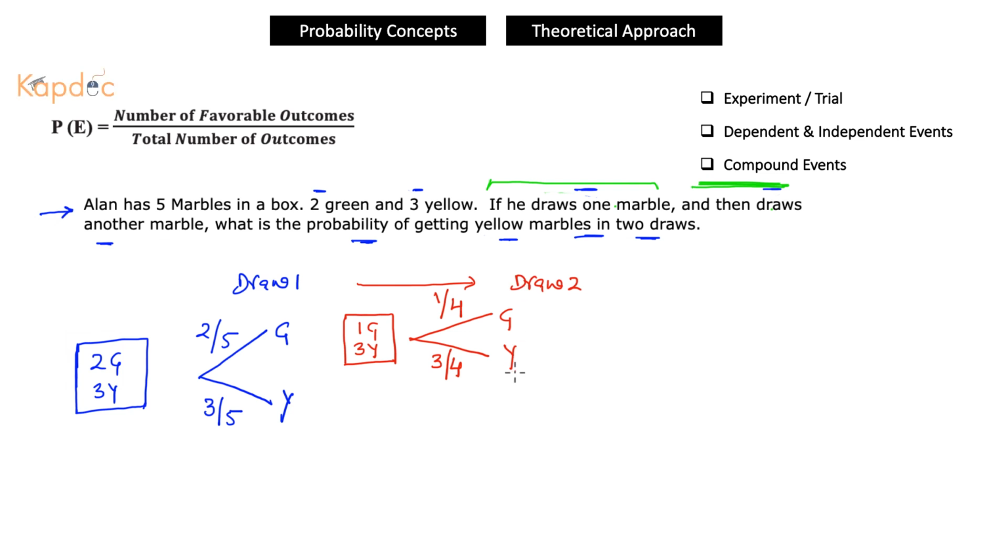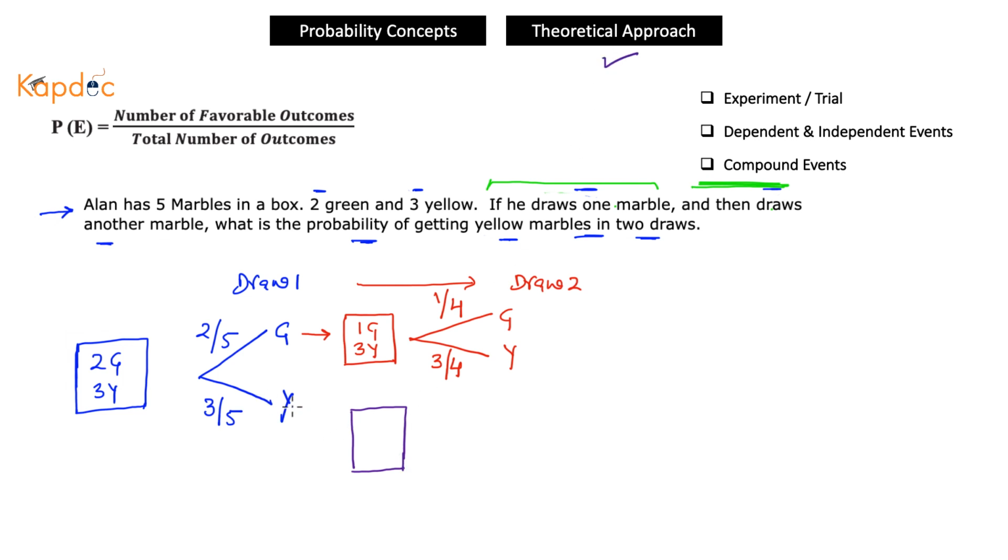So you are done with your second draw in case you picked your green marble in the first draw, right? But at this moment, you don't know what you have picked in your first draw because you haven't started your experiment. You still need to compute all the possible cases, right? That is why it is called a theoretical approach, because we are trying to calculate all possible outcomes.